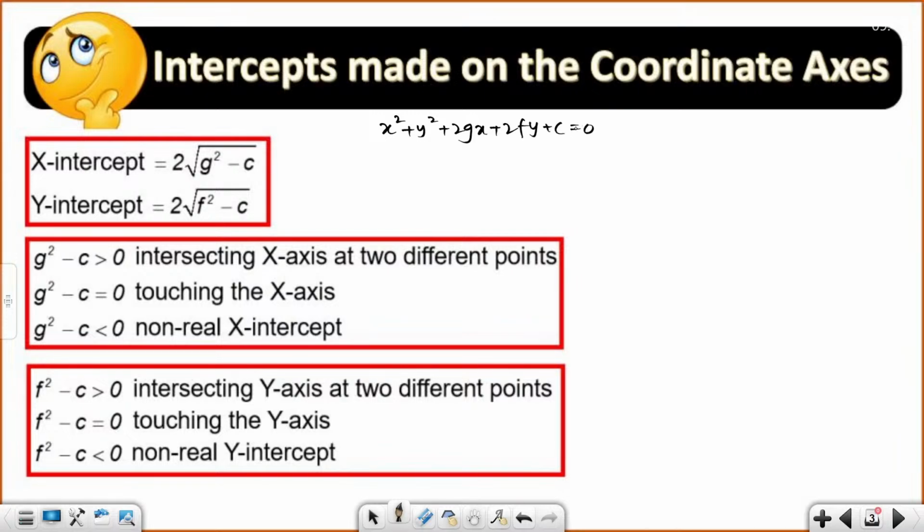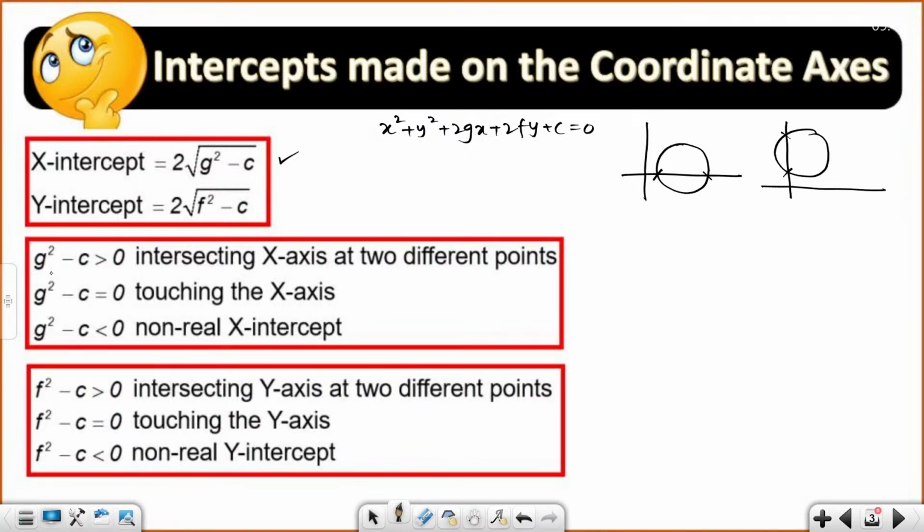So in this general equation, when the circle intersects the x-axis, suppose this is the circle, the intercepted length on the x-axis is basically 2 root over g square minus c. And at the same time, the intercepted portion on the y-axis is 2 root over f square minus c.